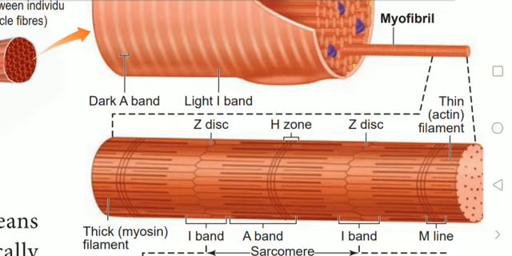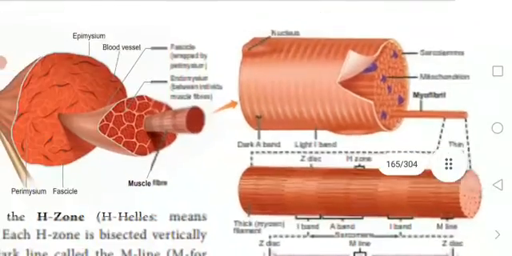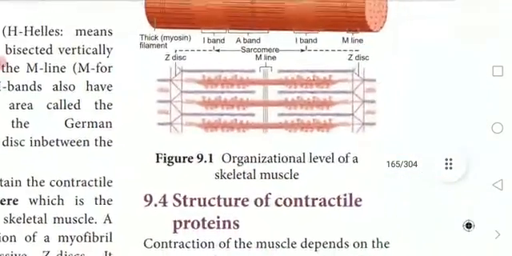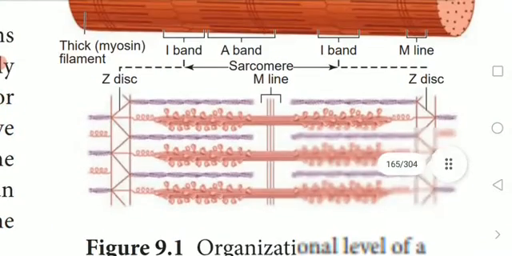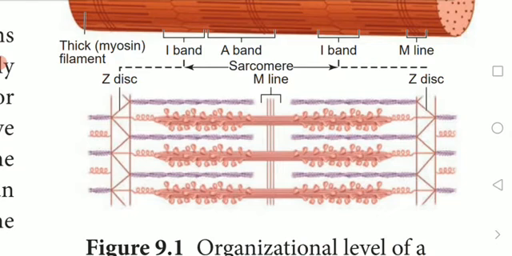Now we'll see the dark band. Each dark band has a lighter region in the middle that we call the H zone. So this is the structure of myofibril: I band, A band, I band.